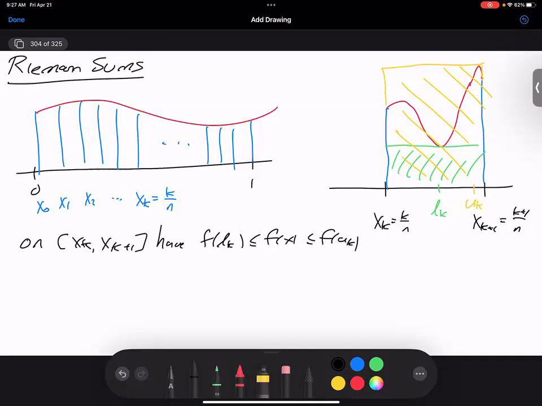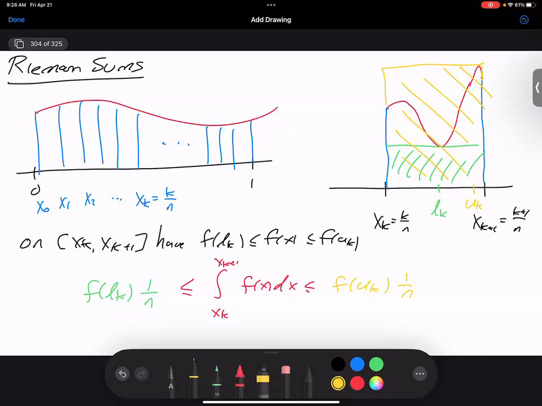So if I want to estimate the area from xk to xk plus 1, I would get that f of lk times 1 over n is going to be less than or equal to the integral from xk to xk plus 1 of f of x dx, and that'll be less than or equal to f of uk times 1 over n.